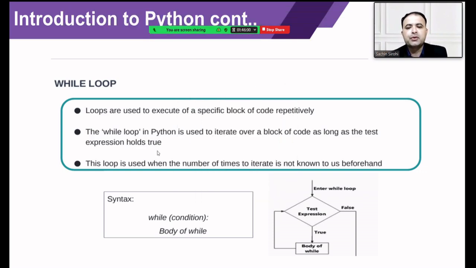Now the while loop is used when the number of times to iterate is not known to us beforehand. So we have to use the syntax like while condition true, so the body will be executed. So it is a chart of this loop.